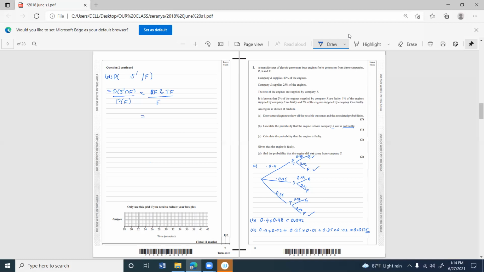So R with faulty is 0.4 times 0.02 plus T with faulty is 0.35 times 0.02, divided by the total faulty probability we already found, 0.0175. Then you can say 0.4 into 0.02 plus 0.35 into 0.02 divided by 0.0175. You get the answer 6 over 7. 6 over 7 would be the final answer for this.